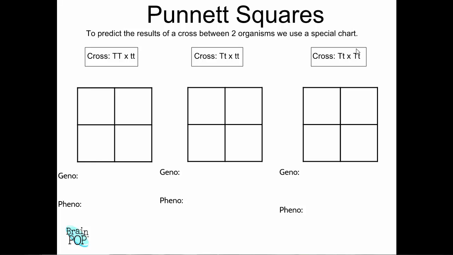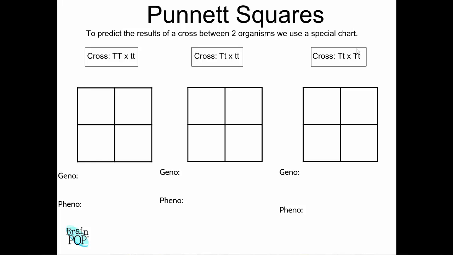He looked at the statistics and the probability of these traits being passed from parents to their offspring, and he came up with a method called the Punnett Square. The Punnett Square takes those 2 traits from each parent, and you cross them. You put one from each in each little square, and then you can figure out what that potential offspring's traits would be, what their genotypes and phenotypes were.